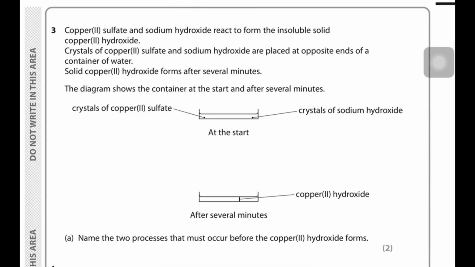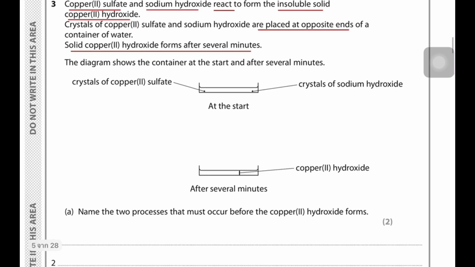Question 3. Copper sulfate and sodium hydroxide react to form insoluble solid copper hydroxide. Crystals of copper sulfate and sodium hydroxide are placed at opposite ends of a container of water. Solid copper hydroxide forms after several minutes.